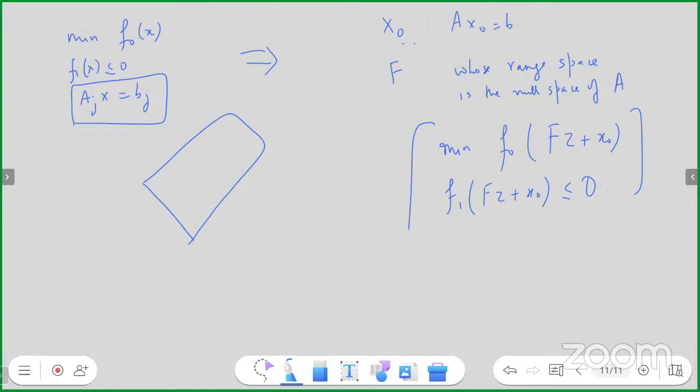So that constraint is already being satisfied. This is the standard decomposition.